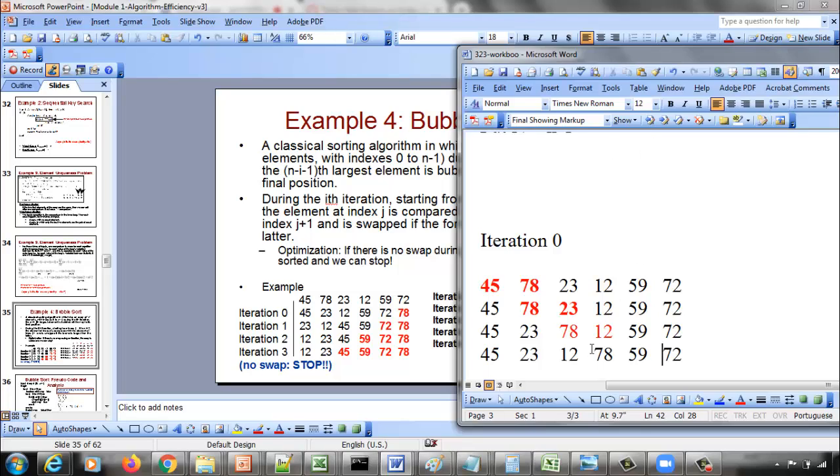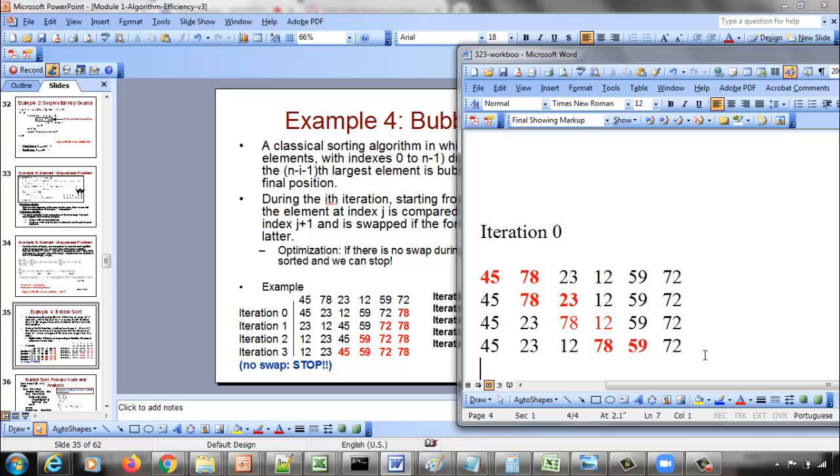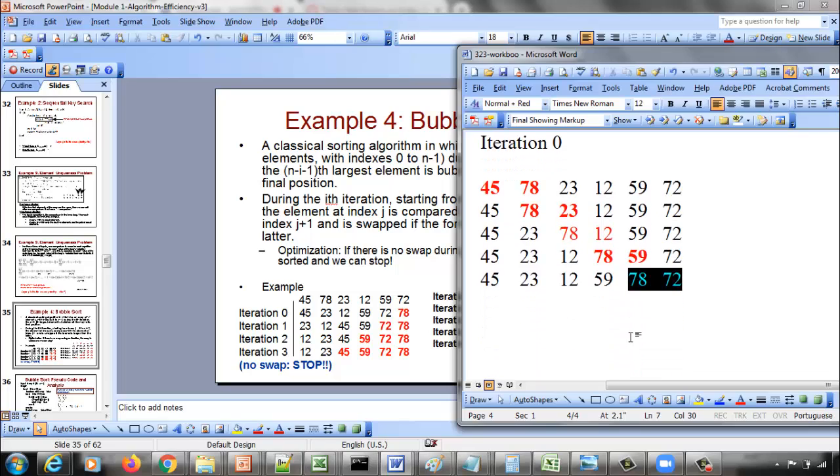Then we compare these two elements and swap them. 78 with 59, again 78 is greater than 59, so we need to swap them. So it becomes 45, 23, 12, 59 and 78, and then 72. In the last step we compare these two elements, and again 78 is greater than 72, so we swap.